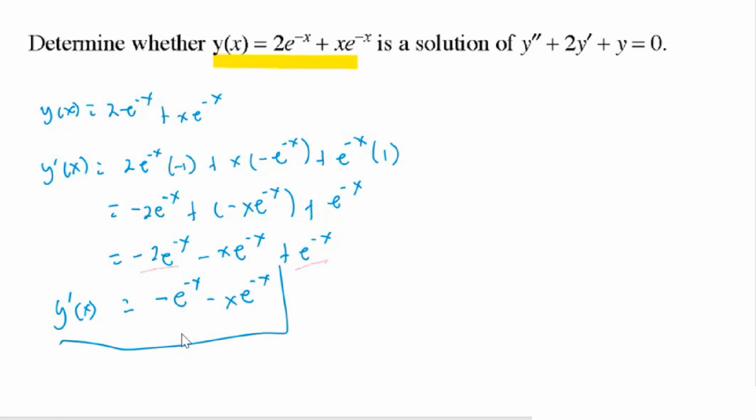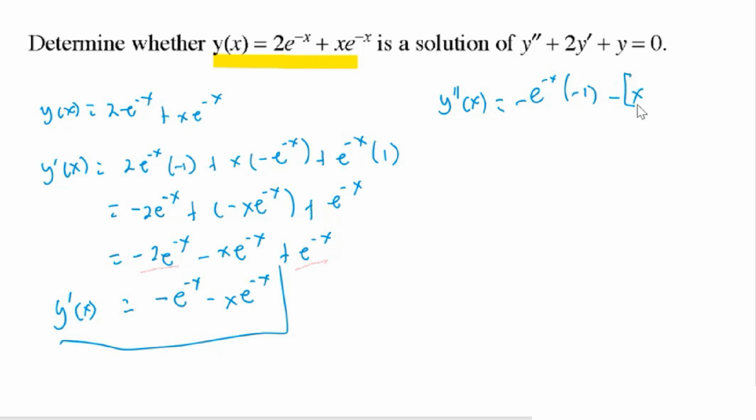Now taking the second derivative of this. Based on the first derivative, we have negative e raised to negative x, and the derivative of the exponent, which is negative x, is negative 1, minus, apply product rule here. We have x, so I will just write a bracket here so that we cannot forget the sign.